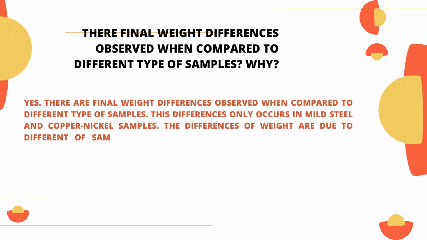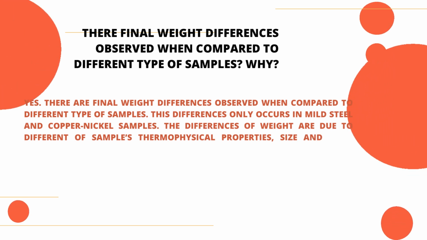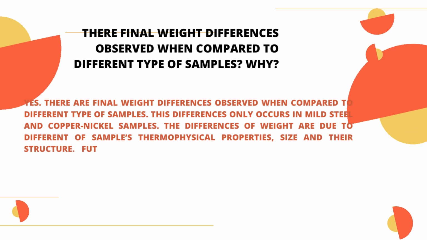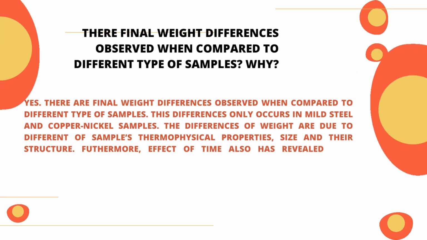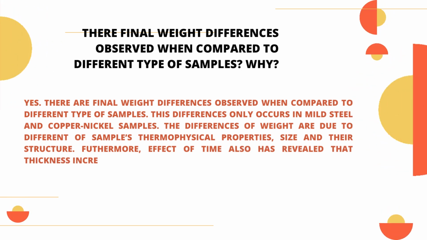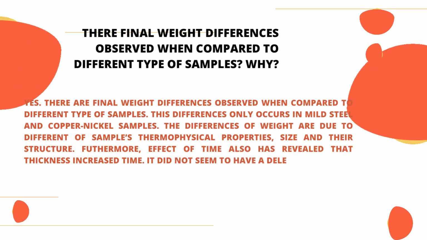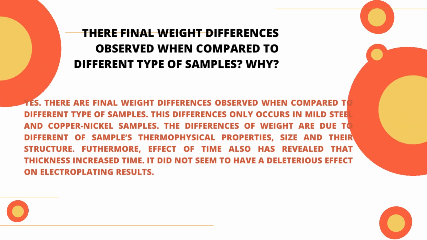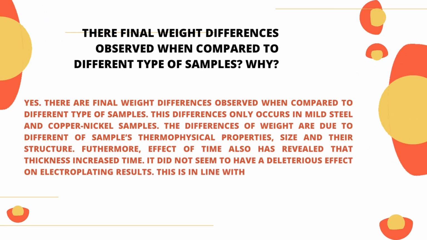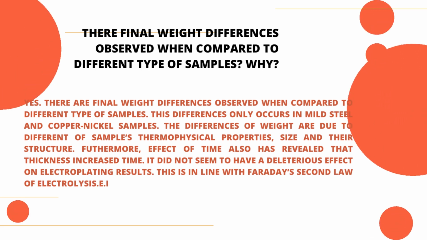The differences in weight are due to different thermophysical properties of the samples, size, and their structure. Furthermore, the effect of time has also revealed that increased thickness over time did not seem to have a deleterious effect on electroplating results. This is in line with Faraday's second law of electrolysis.